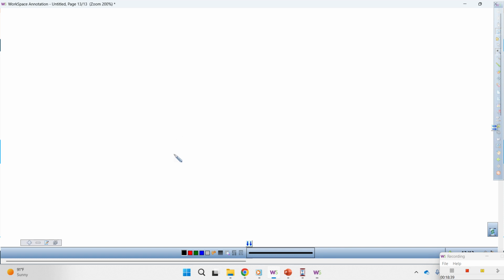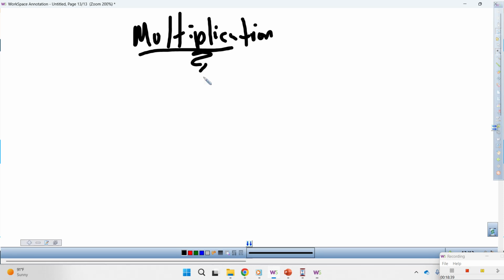In mathematics, we have 4 types of operations, but we focus mainly on 2 types when we're talking about polynomials. We usually talk about multiplication, and the inverse of multiplication is what we call what, everyone? Division.